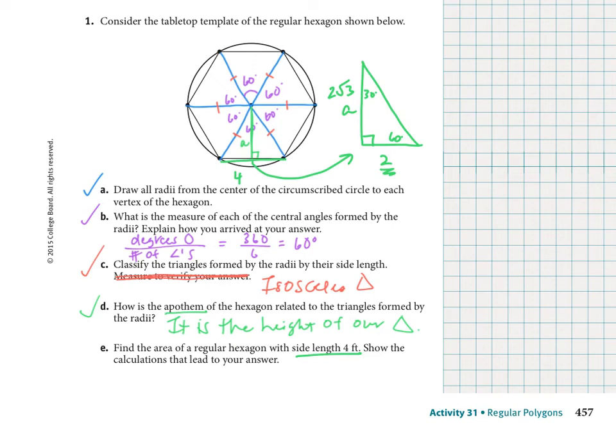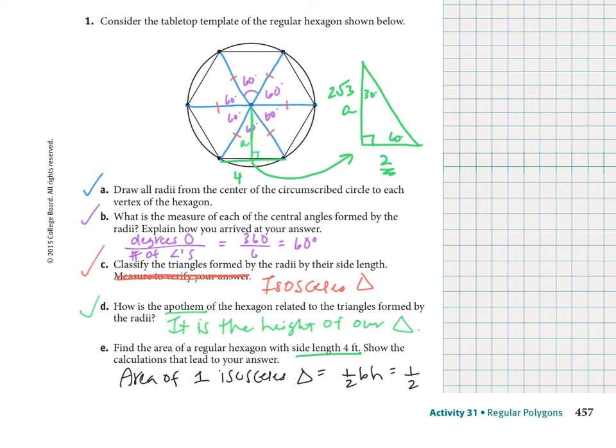Because remember, we don't want to take into consideration the circle. The circle is just to help us visualize what we're looking at here. So if we want the area of one of the isosceles triangles, we know the area formula is 1/2 base times height.